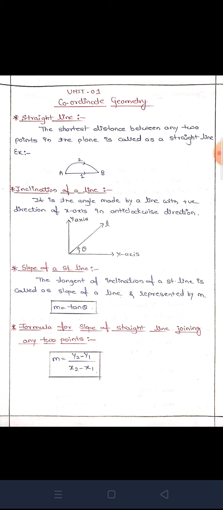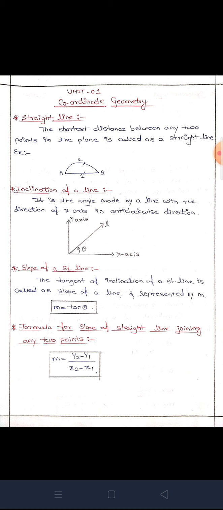Consider two paths: the first one is a straight line and the second path is a curve. Obviously the distance traveled by path 1 is less than the distance traveled by path 2. So is it clear what you mean by straight line? The shortest distance between any 2 points. Fine.